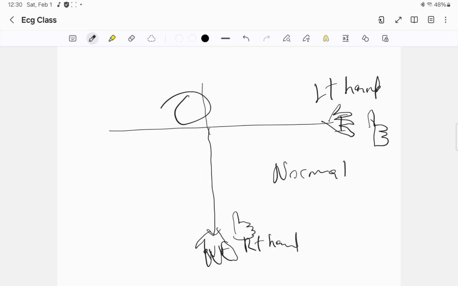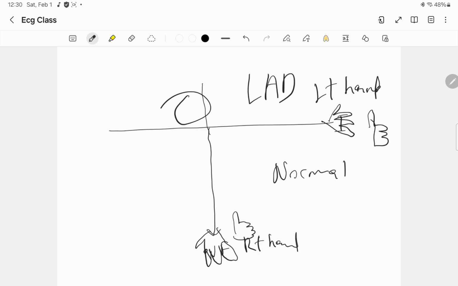Furthermore, if one hand has a thumbs up and the other hand has a thumbs down, then the impulse is always going in the direction of the thumbs up. So for example, what if the left hand has a thumbs up but the right hand has a thumbs down? Then it's left axis deviation.